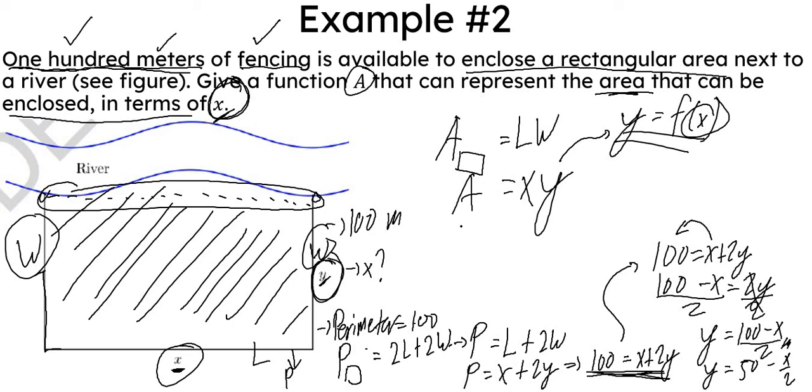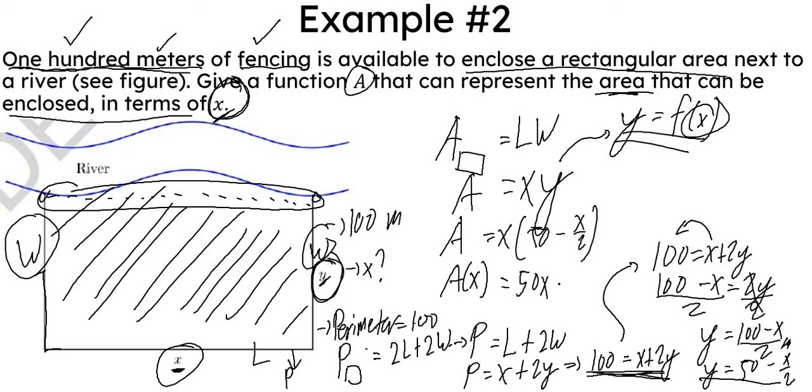So that means now our area would now be x multiplied to the value of our y here, which can be 50 minus x over 2. If this is what we will use, therefore, a as a function of x would be 50x minus x squared over 2.